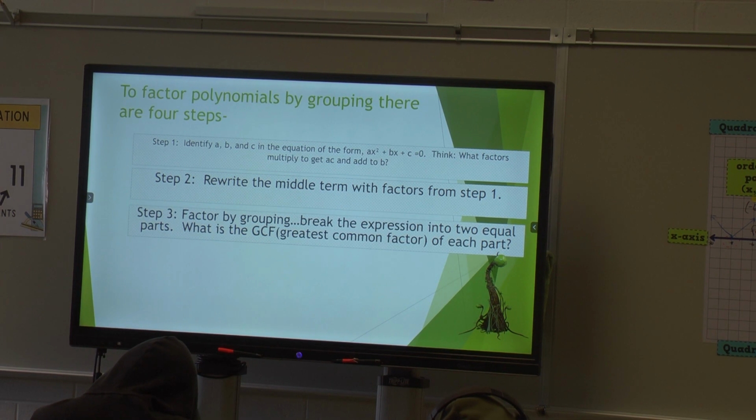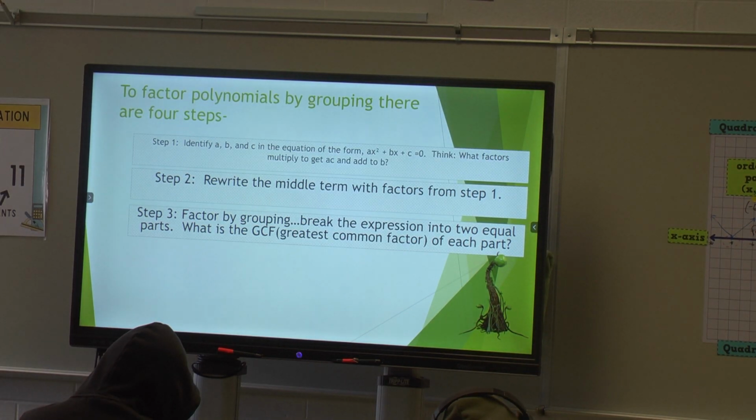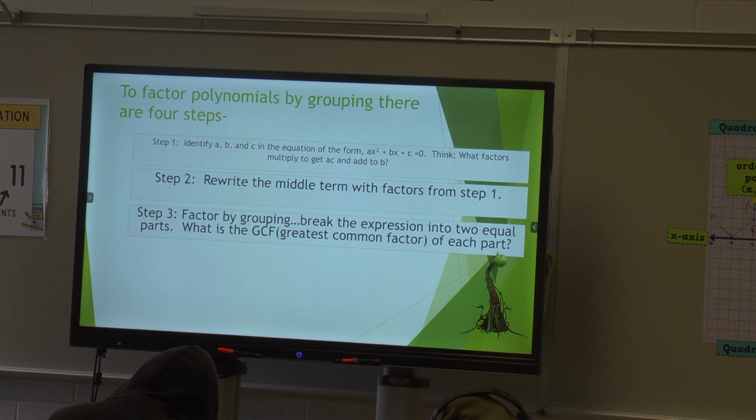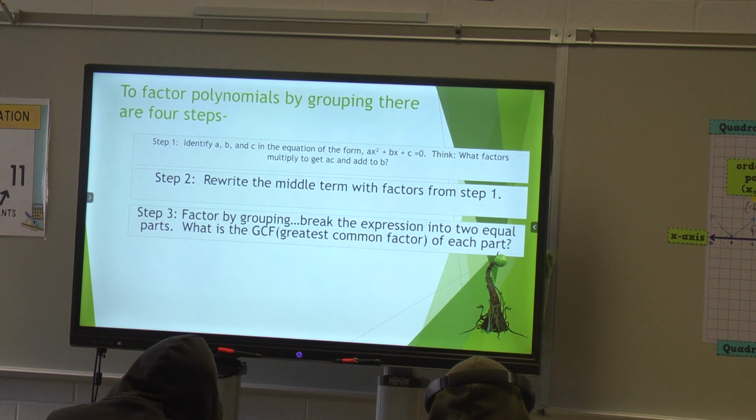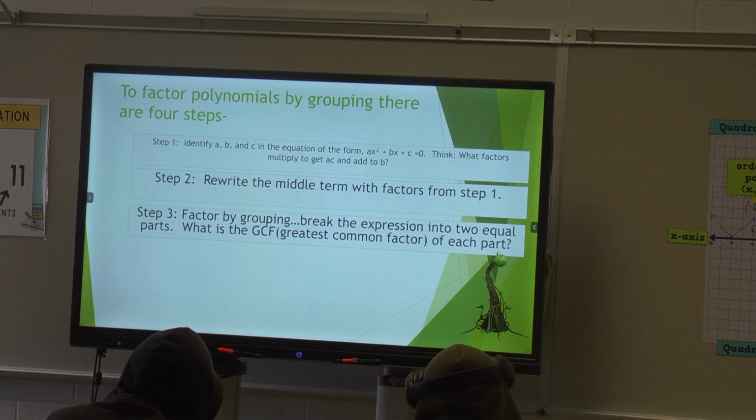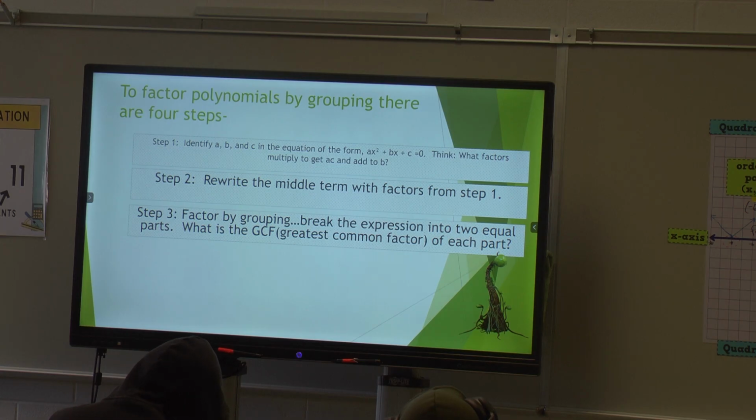Okay? Step 4, factor by grouping, break the expression into factor forms. This is where we talked about factor forms being with parentheses. AB will go in one set, and BC will go in the second set of factor forms. And then we're going to look for the common factor in both sets of those factor forms.